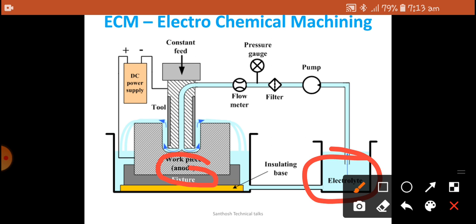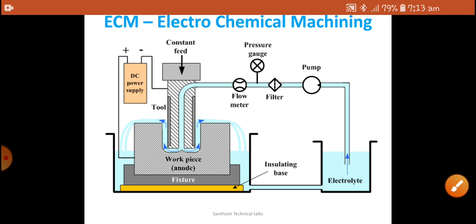Here the tool is also machined, so the sides of the tool are covered with a material non-reactive to the electrolyte. So like that we use electrical as well as chemical energy.